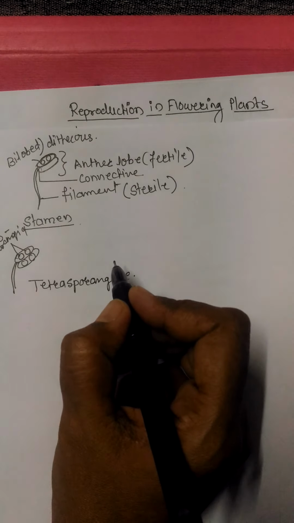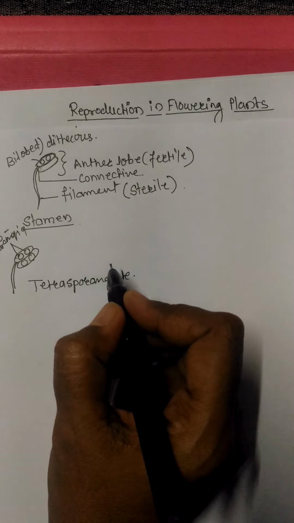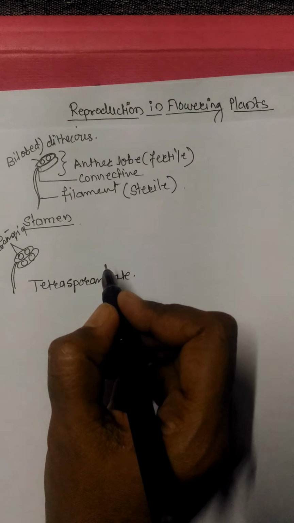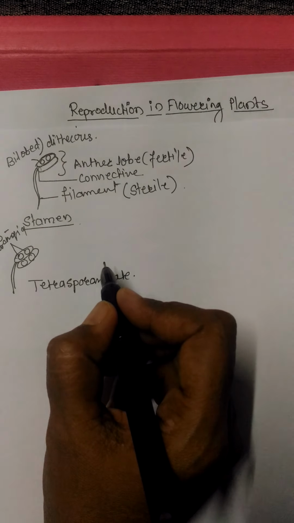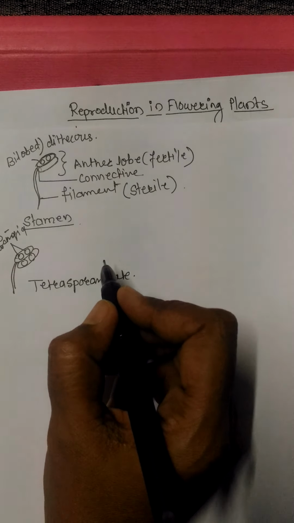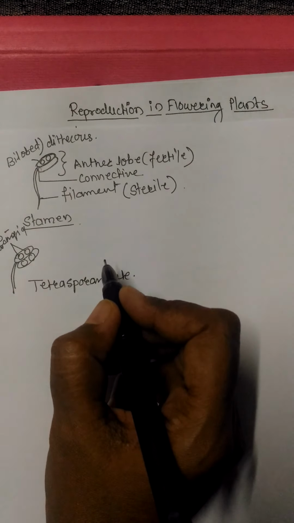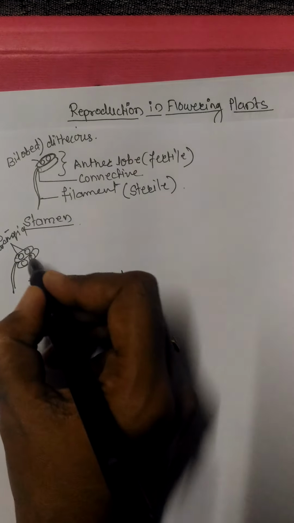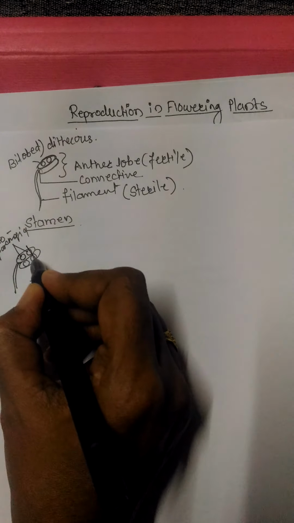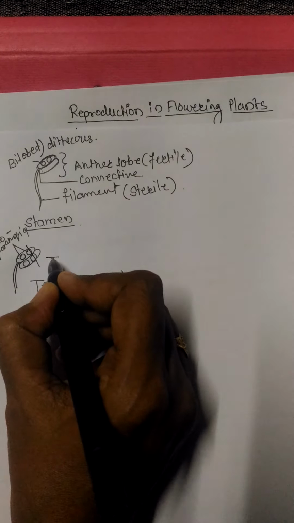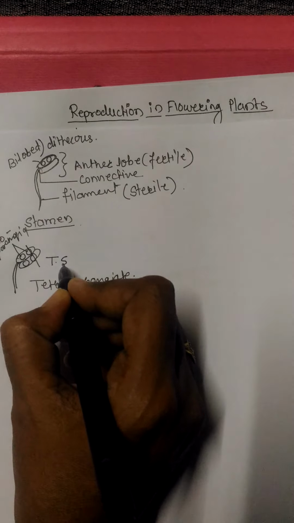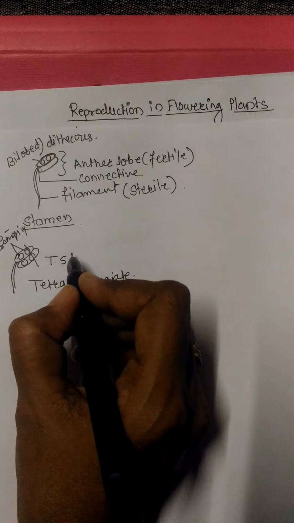Then how these microspores are developed inside the anther, we discuss in detail in T.S. of anthers, or transverse section of anthers. With the help of knife or blade, we cut the anther in a transverse section. That is, we have to cut this anther lobe in a transverse section.